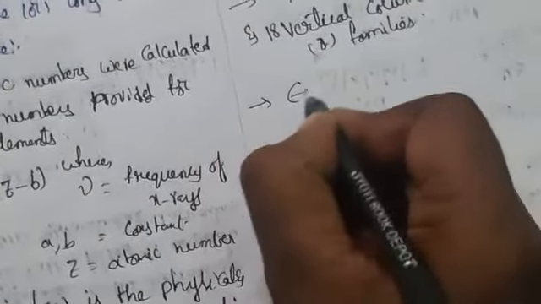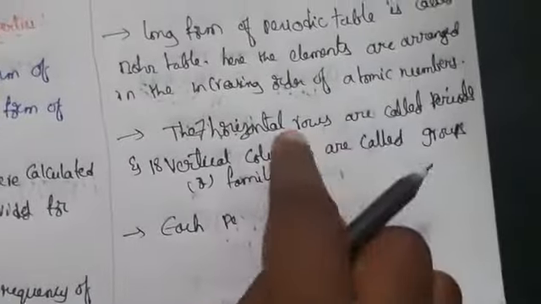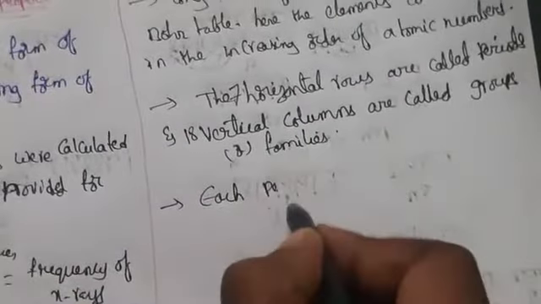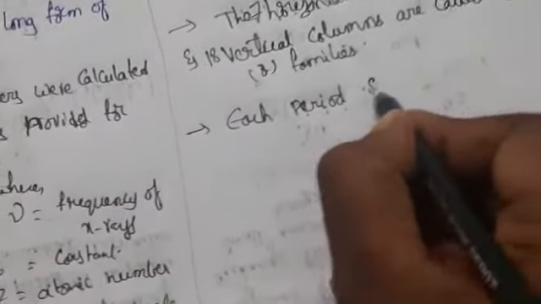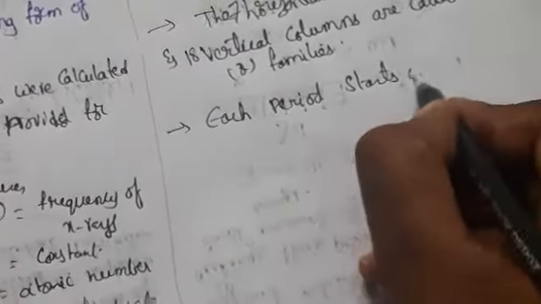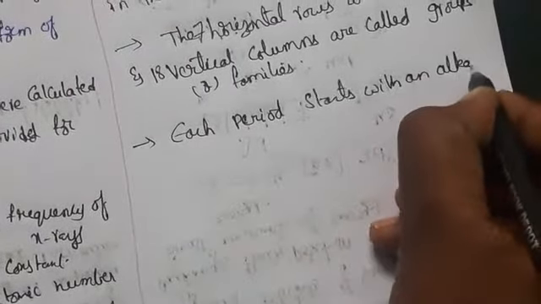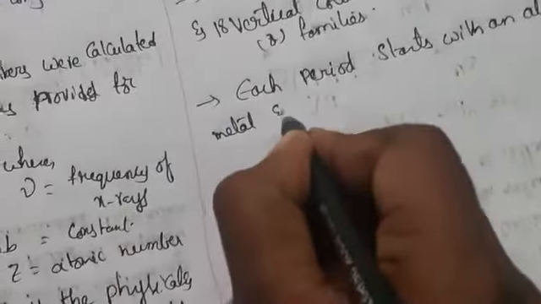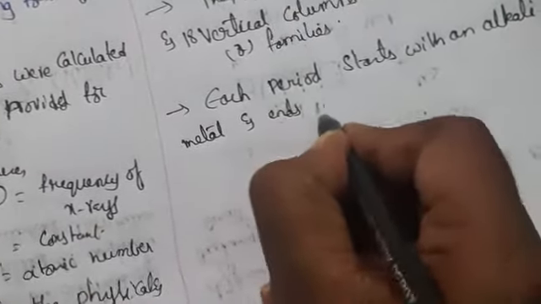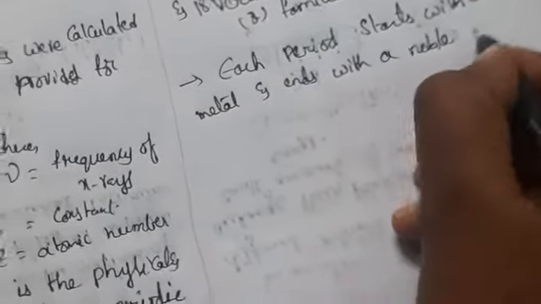So what happens in the periodic table: when you take a period, a horizontal row, it will start with an alkali metal and end with a noble gas.